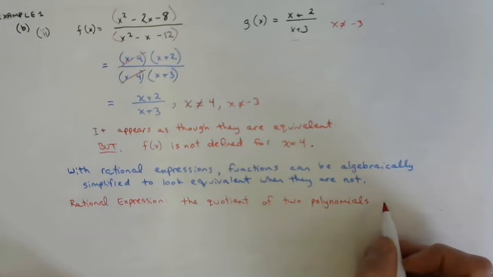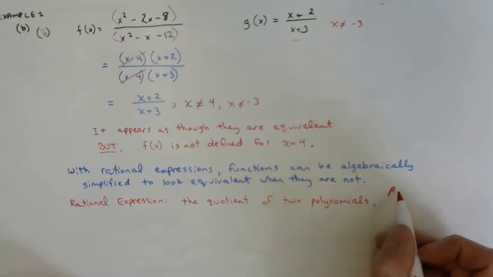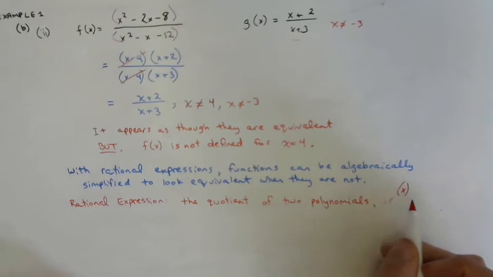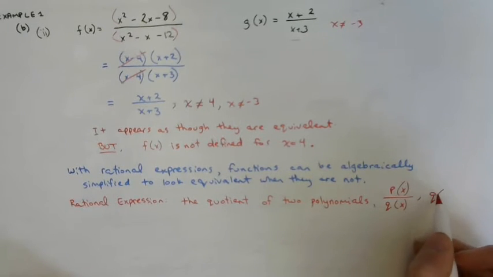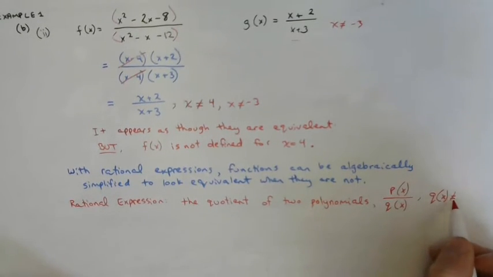So the quotient of two polynomials, and you give those polynomials names, just as an example, you'd have p of x over q of x. Where p of x is any polynomial and q of x is any polynomial. But what has to be true about q of x? It can't be 0. The denominator can't be 0. So we say where q of x is not equal to 0.